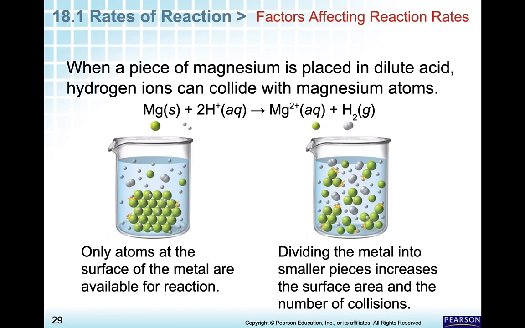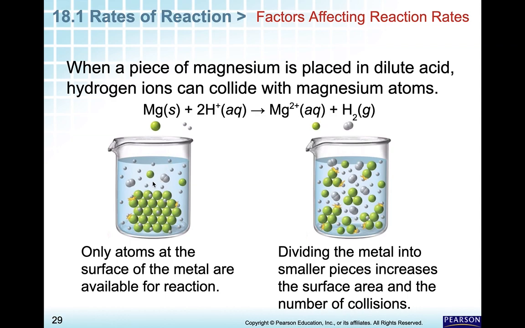These illustrations show magnesium being dropped into water, or I guess an acid-water mixture here. But when this happens, the magnesium is going to collide with hydrogen ions from the acid to make magnesium ions and hydrogen ions. So we've got two situations here.